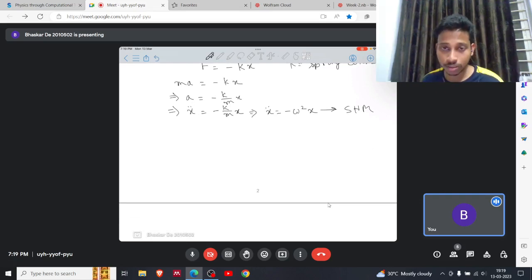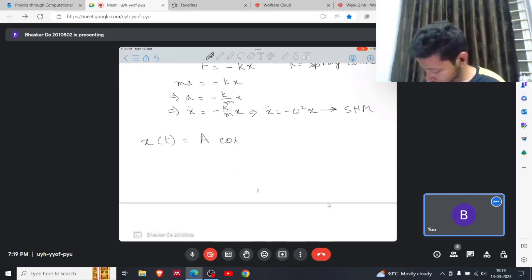Now a solution for this particular equation is x(t) equal to a cos 2 pi by T t, or a cos omega t.